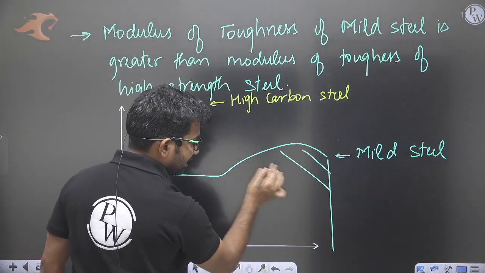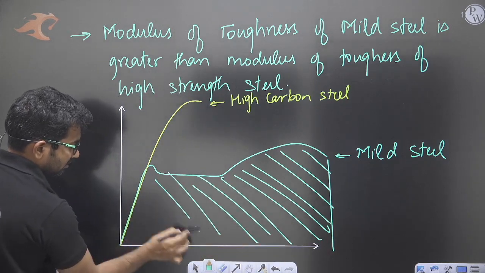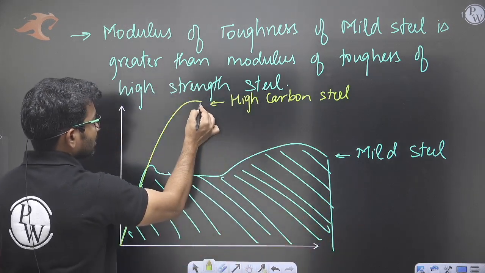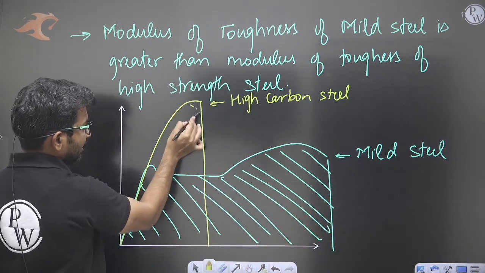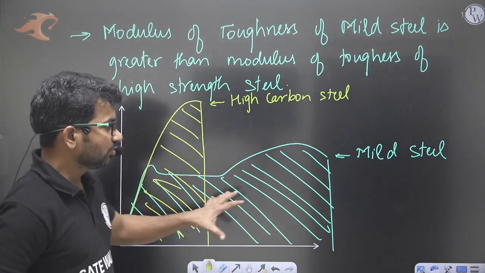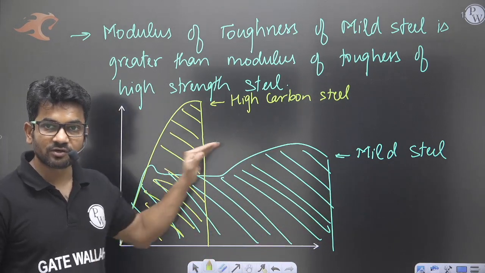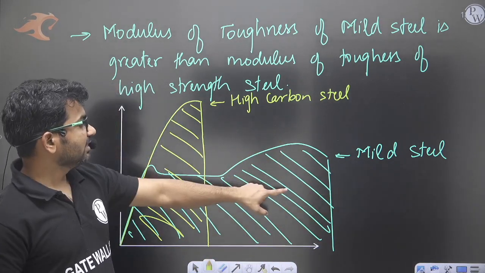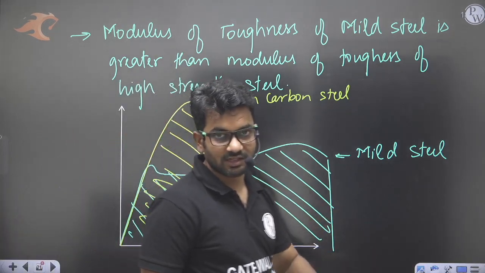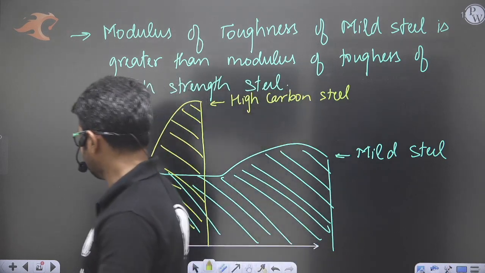This area represents the modulus of toughness of mild steel, and this area represents the modulus of toughness of high strength steel. By visual inspection only you can say that the area of mild steel is greater. So the modulus of toughness of mild steel is greater than that of high strength steel. We can say mild steel is more tough than high strength steel.